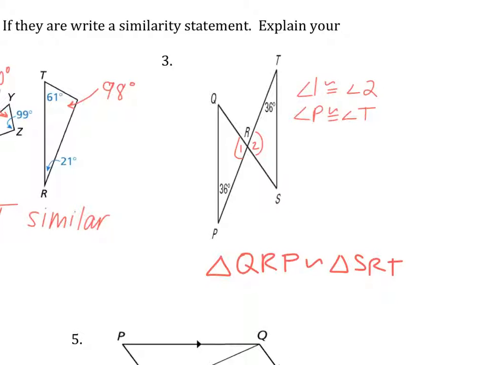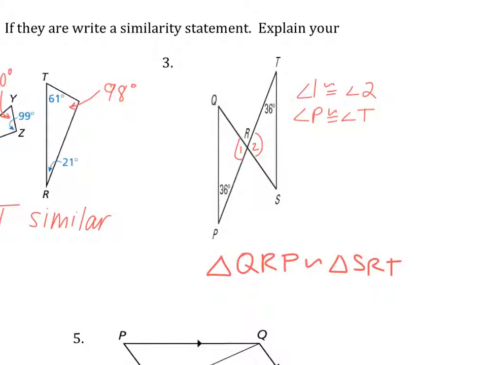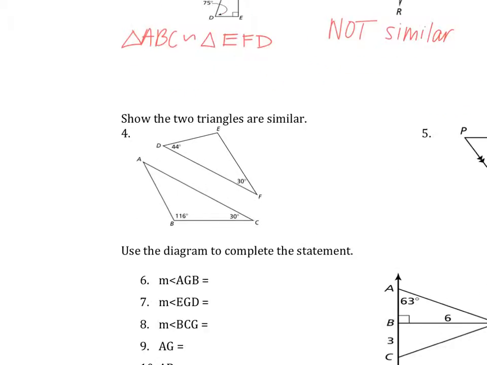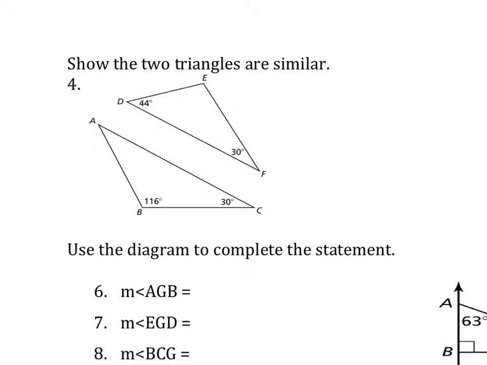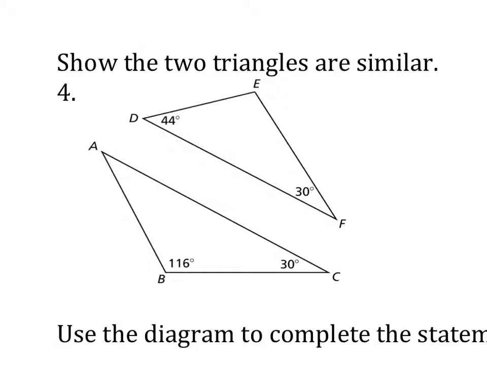Whenever you're ready, I need you to find the missing angles for number 4. You're solving for the missing angles right now, so you know whether or not they are similar.